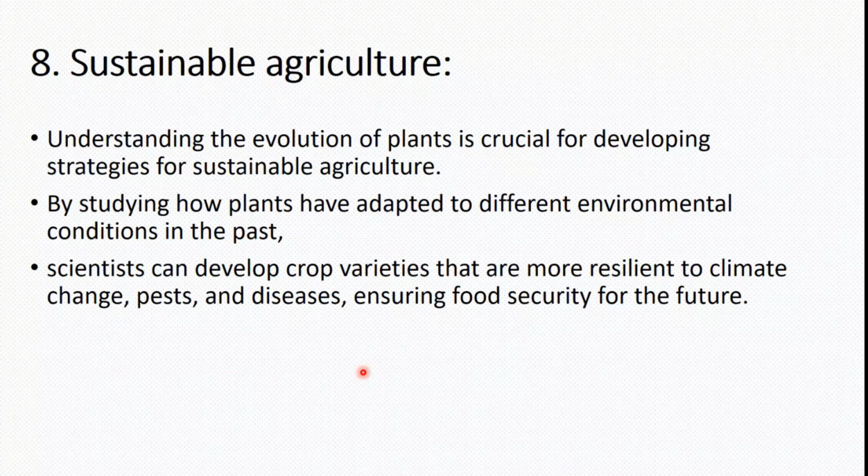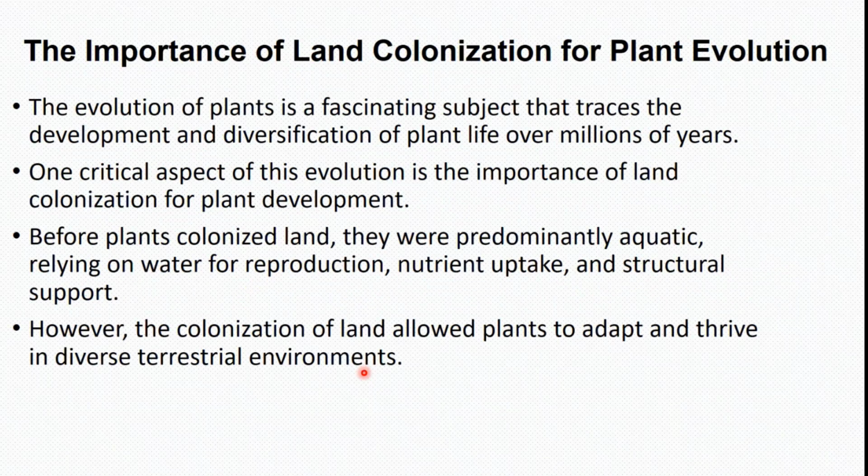So there has to be sustainable agriculture where, by studying how plants adapted to different environments in the past, crop varieties can be more resilient to climate change, pests and diseases, to ensure food security in the future. Because the main goal of farming is also to ensure that we are practicing a little bit of economy so that the economy can go forward.